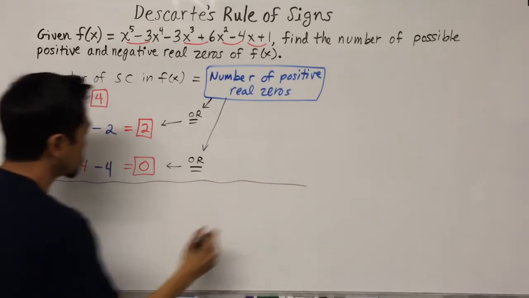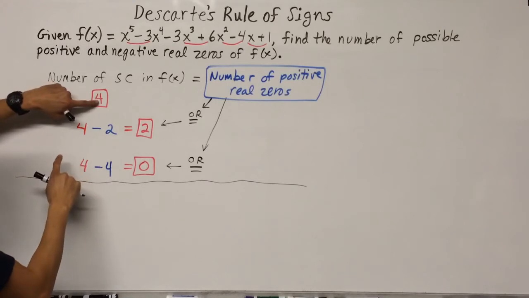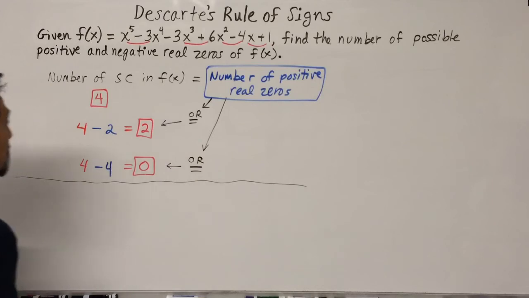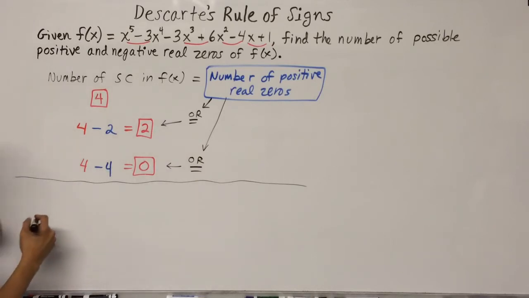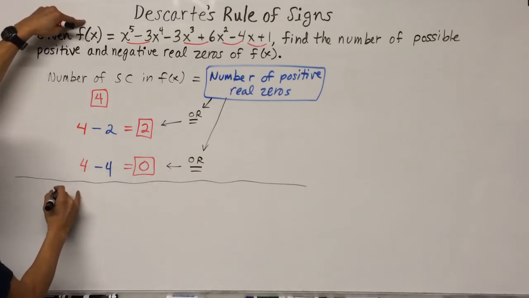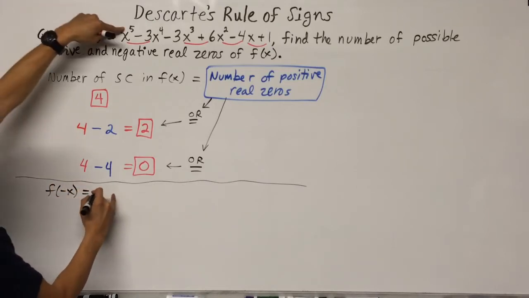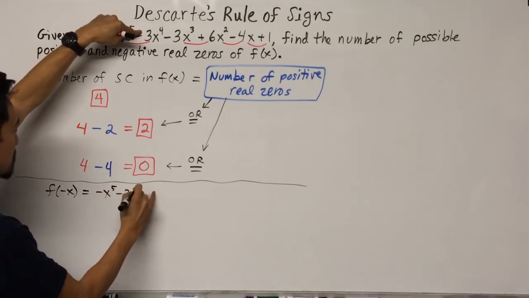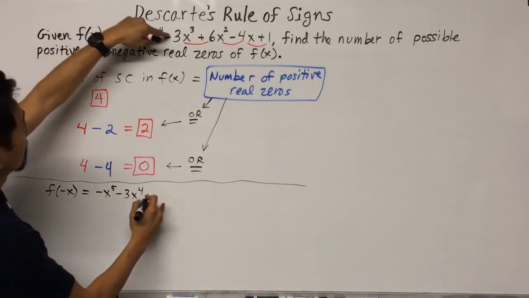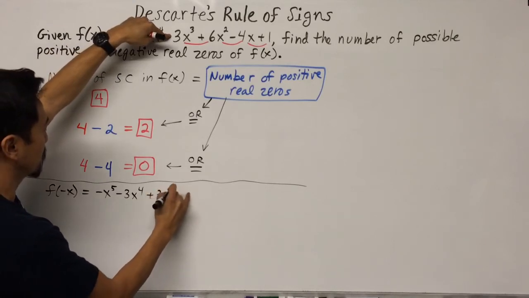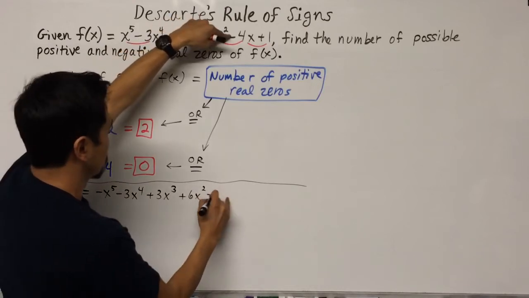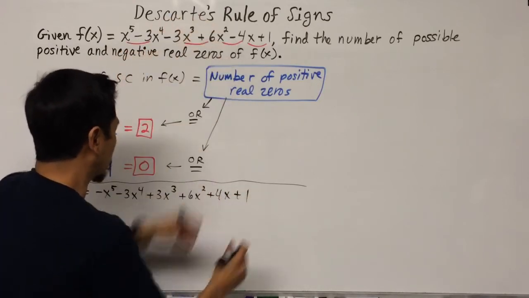Now, if I did that one more time, notice if I do 4 in red minus 6, I'm going to get a negative, and that doesn't make sense. Okay? Now, we need to look at the number of sign changes in f of negative x. So f of negative x would be negative x to the 5th minus 3x to the 4th plus 3x to the 3rd plus 6x squared plus 4x plus 1.